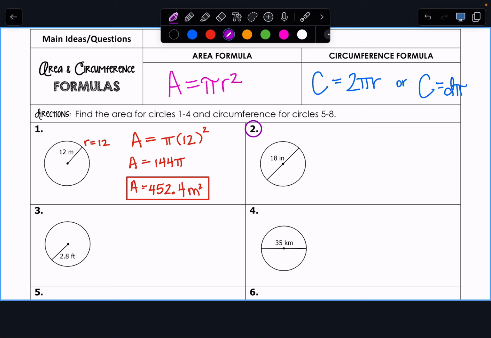Okay, in number 2, Alex S., what did you get? 254.5 what? Now, I have a question because 18 squared times pi is not that. 18 is the diameter. Please make sure you pay attention to when you have the diameter versus the radius.